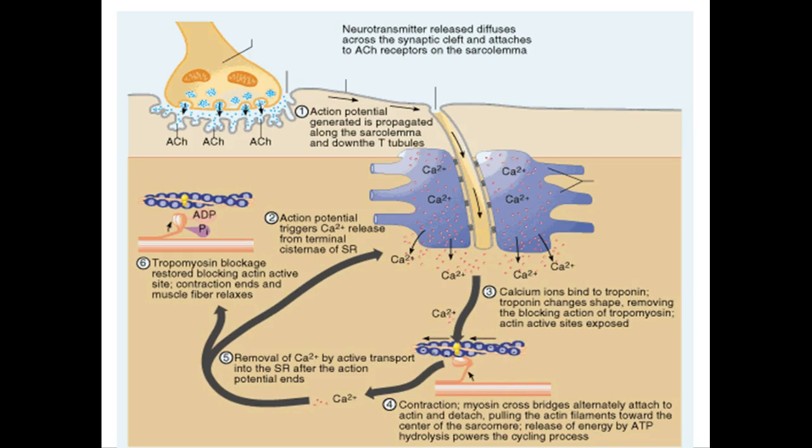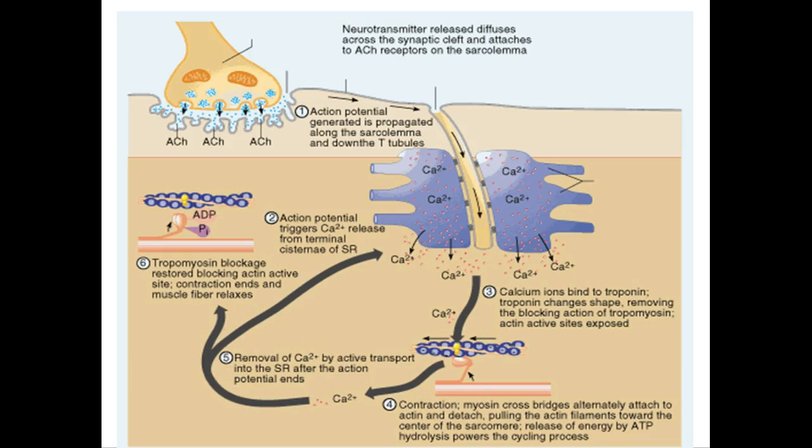The myosin cross bridges alternately attach to the actin and detach, pulling the actin filaments towards the center of the sarcomere. The release of energy by ATP, adenosine triphosphate, hydrolyzes to power this, and the cycling process continues. So the muscle's contracting there. Then we've got removal of calcium by active transport into the sarcoplasmic reticulum after the action potential ends.